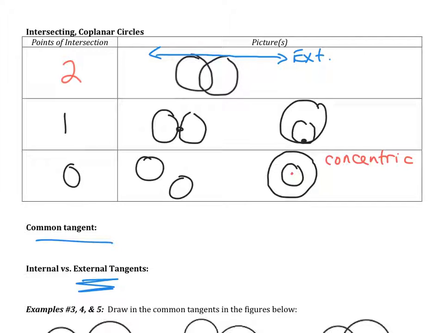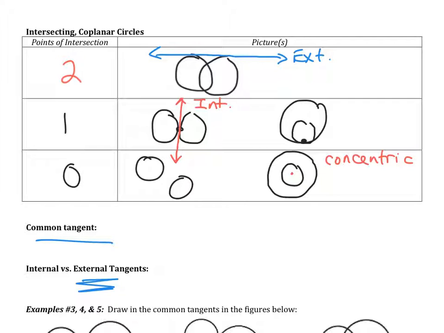If the line passes in between the two circles, like I'm drawing here, then it's known as an internal tangent. So if the line is in between the circles, it's an internal tangent. Think IN, IN.